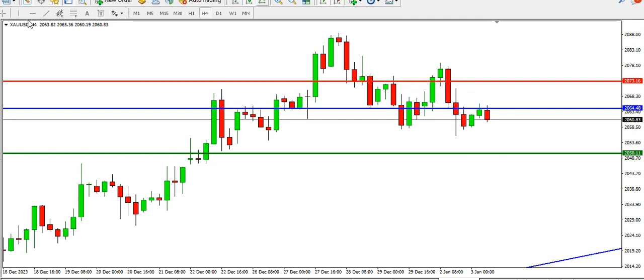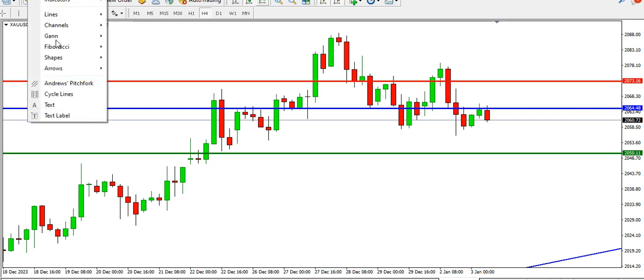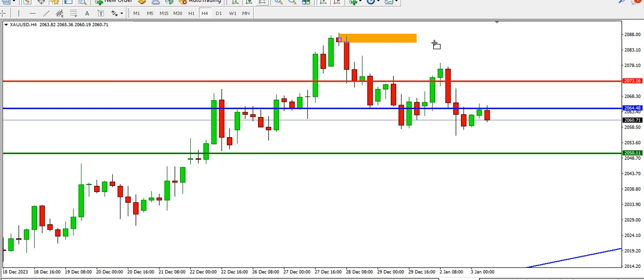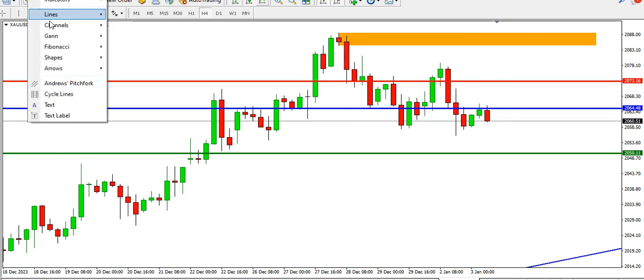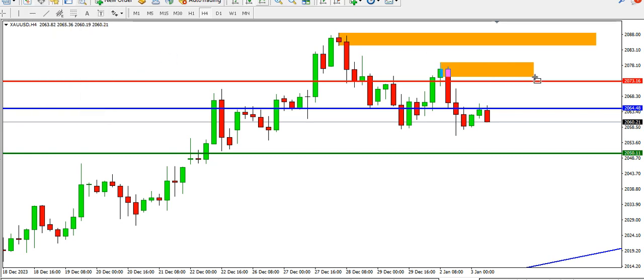You can see the bears stepping in around this point, and then we have another step in by the sellers around this point, and we can already see the selling pressure.